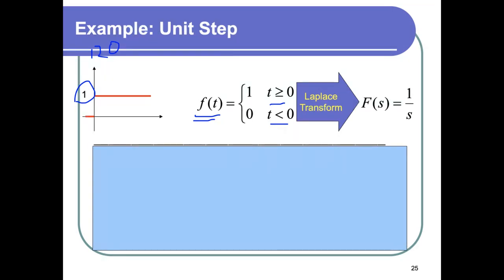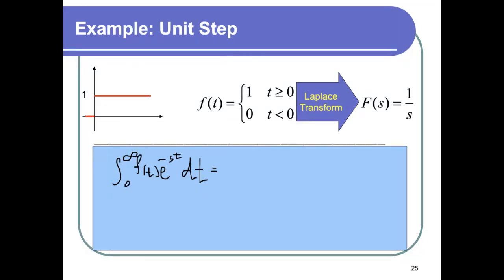Okay. So now we have this unit step. Let me recall the definition of the Laplace transform. The definition was as follows. You have the integral from 0 to infinity of f of t times e to the power of minus st dt, right?